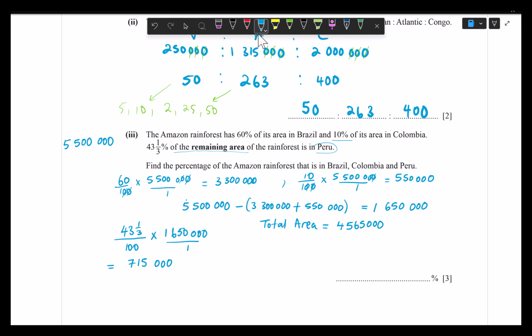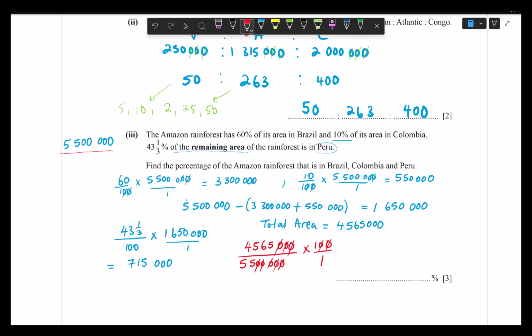Now putting it all together, because we want to find the percentage of the Amazon rainforest that is in Brazil, Colombia, and Peru, we are going to say the total area 4,565,000 over the total that we're given of 5.5 million, multiplied by 100. Now going to cancel these zeros with these zeros. Now we're left with 4,565 divided by 55.